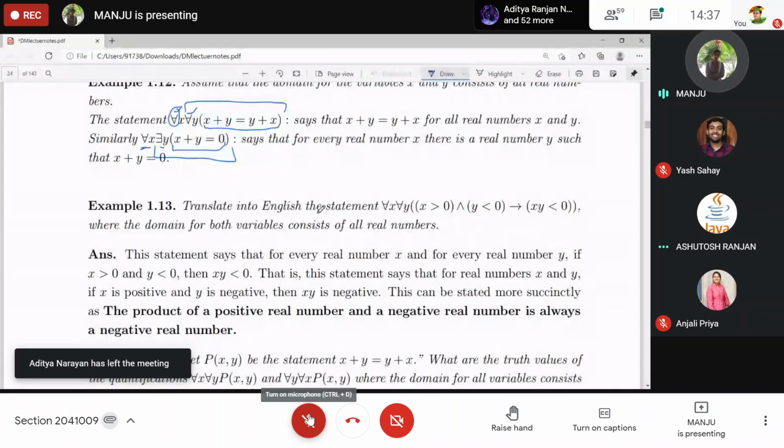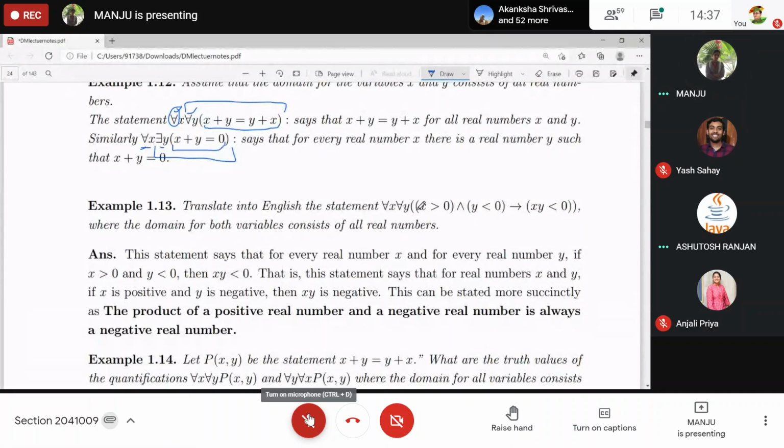Then we did the translation part from English to logic, logic to English. Here you can take it one by one, but the domain will be given for all the variables it includes. That is, for all x, x is what? Real number. So you need to quantify for all real numbers x, for all real numbers y, or if both are the same, you can just say for all real numbers x and y.